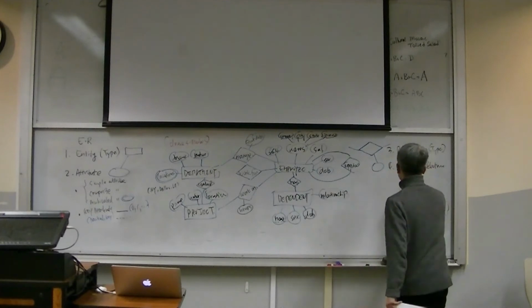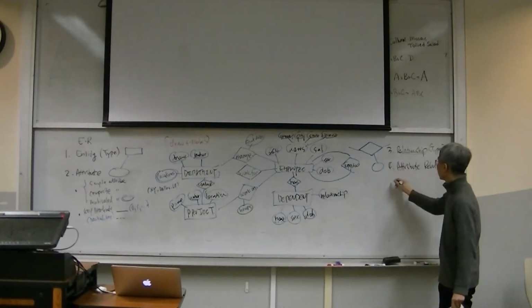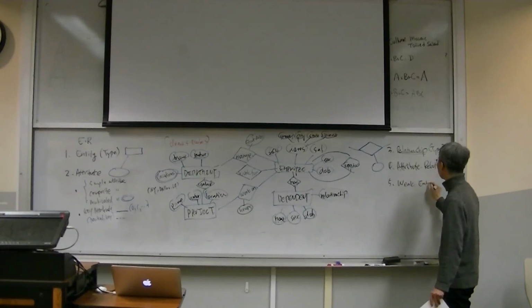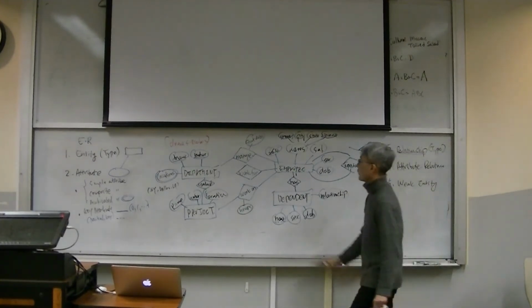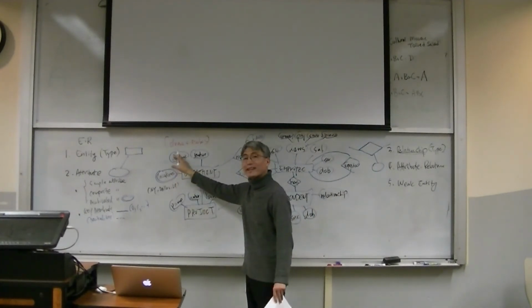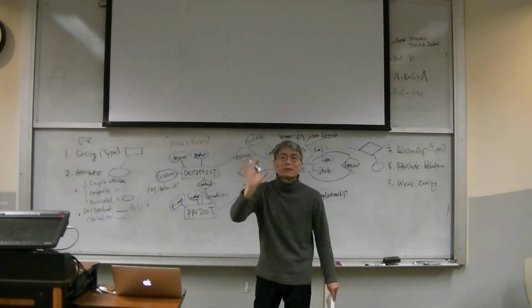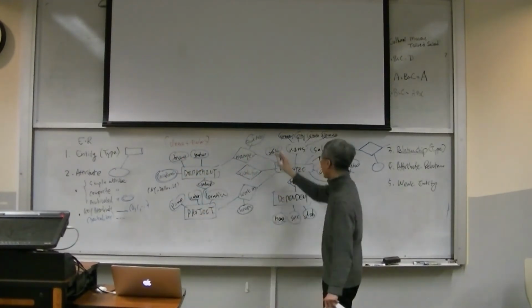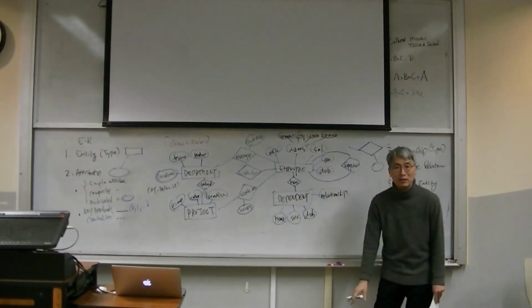So one more thing. It's called the weak entity. When we identify the entity and its attributes, we identify the key attribute. Most of the time, not always, an entity has a key attribute. But dependent does not have a key attribute.